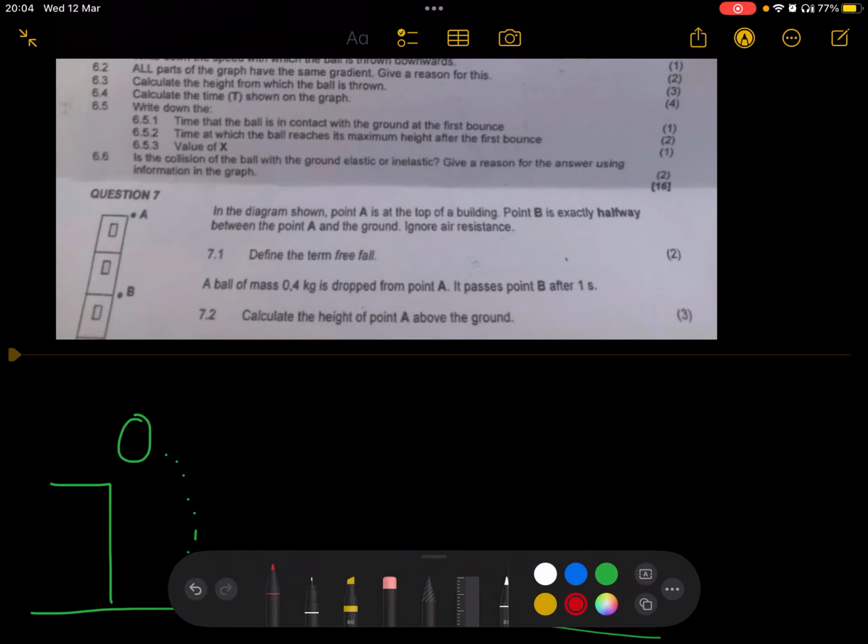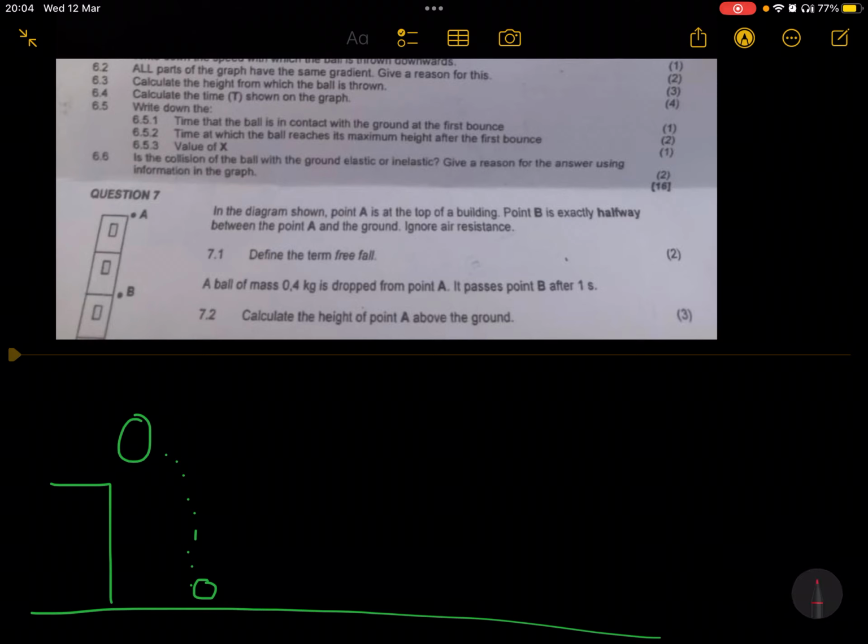Then, after hitting the ground, the ball leaves the ground. Now, there is a time difference here. It goes up to a certain maximum point, then gets back down and hits the ground.